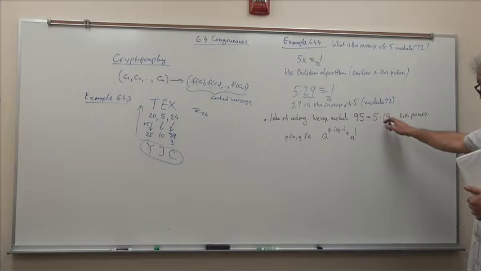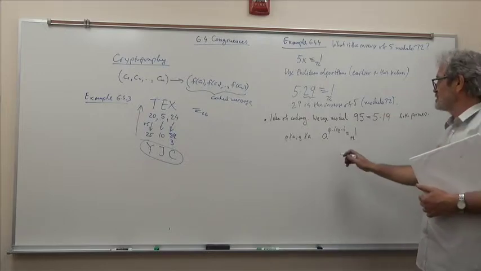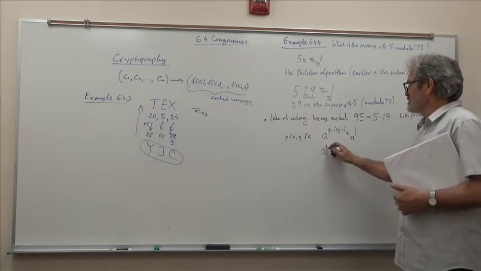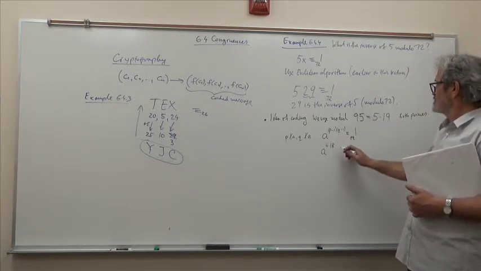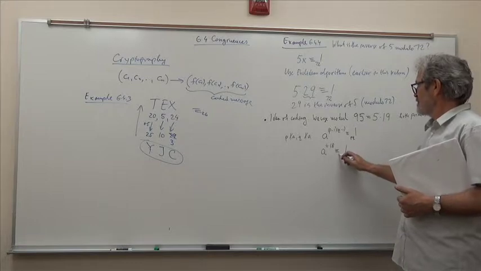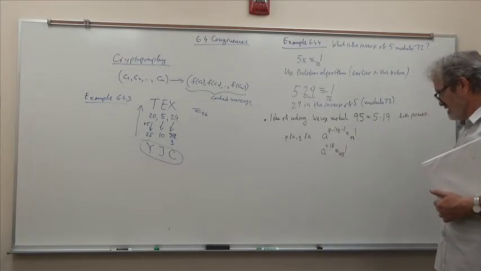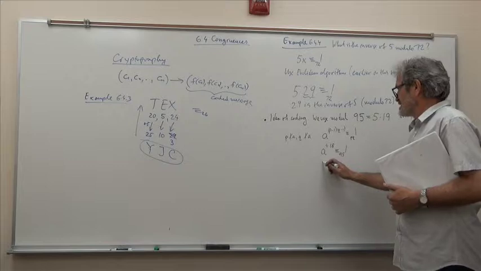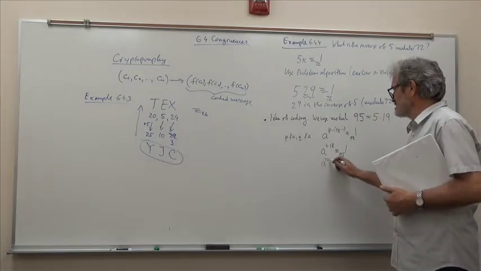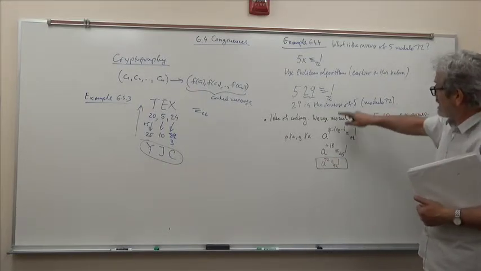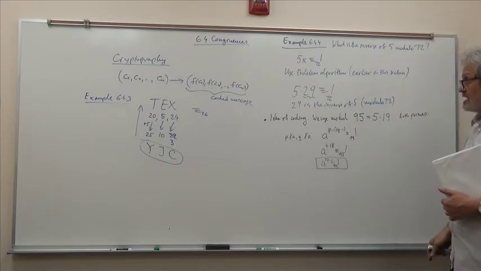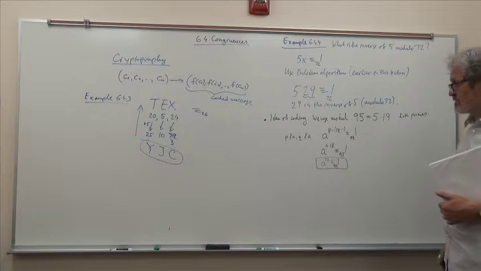In this case, P and Q are 5 and 19, so we'll get that A to the 4 times 18, (5 minus 1)(19 minus 1), is congruent with 1 modulo 95. So generally it tells us that A to the 72 is congruent with 1 modulo 95. That's why in this previous example I solved the problem of the inverse modulo 72.